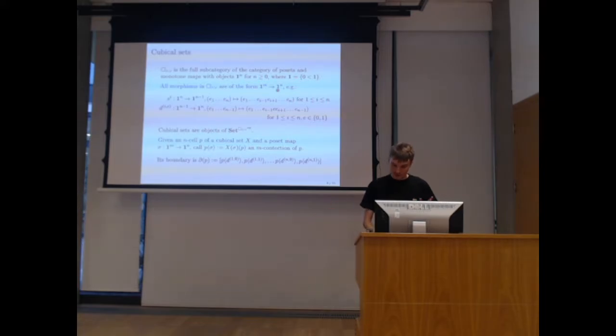So some very important such morphisms are the degeneracy morphisms, which send 1^n to 1^(n-1), which just forgets the ith index. So this is an element of 1^n, right?